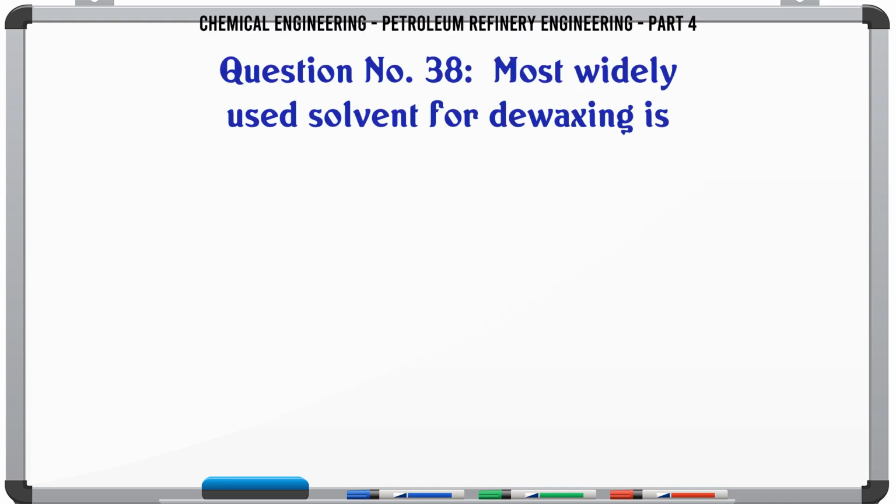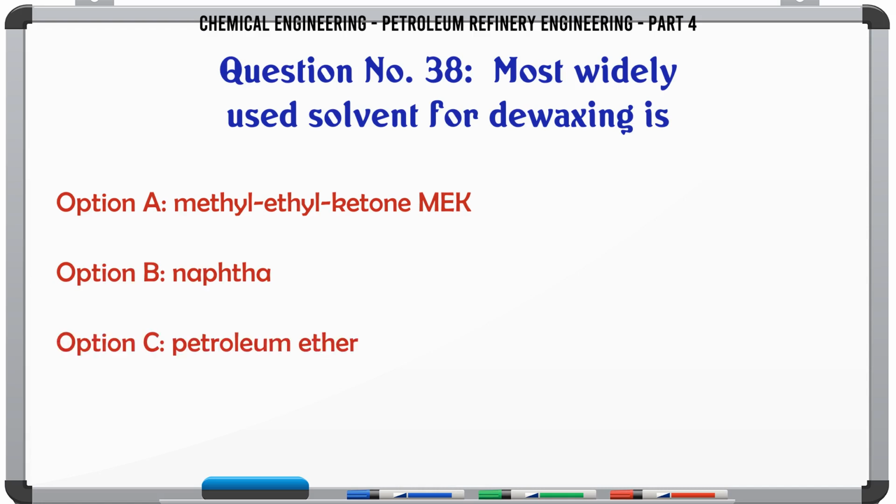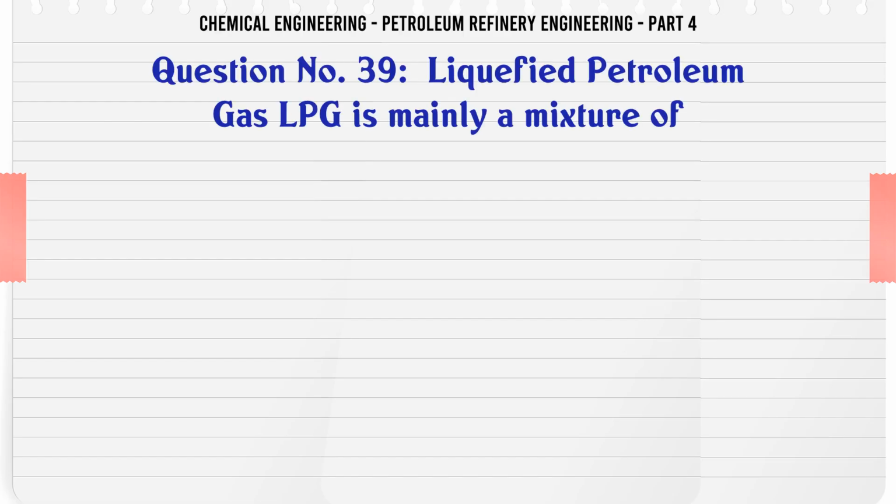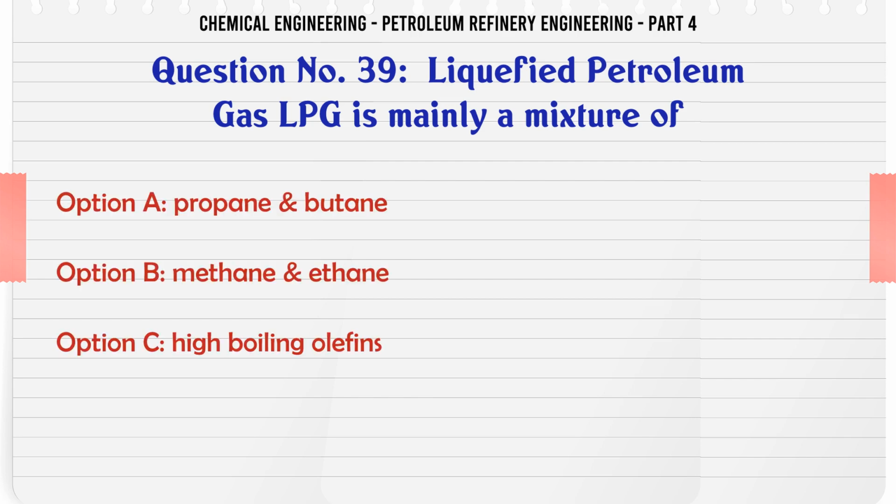Most widely used solvent for dewaxing is A. methyl ethyl ketone, MEK. B. Naphtha. C. Petroleum ether. D. Sodium plumbite. The correct answer is methyl ethyl ketone, MEK. Liquefied petroleum gas, LPG, is mainly a mixture of A. propane, butane. B. Methane, ethane.